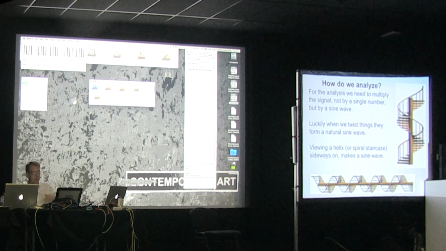So what if we use this angle idea? We multiply by moving the angle up and down, changing the angle in some dynamic way. We start with our signal and multiply it by a sine wave. We can actually do a twisting action, which would be the equivalent of multiplying it by a sine wave.